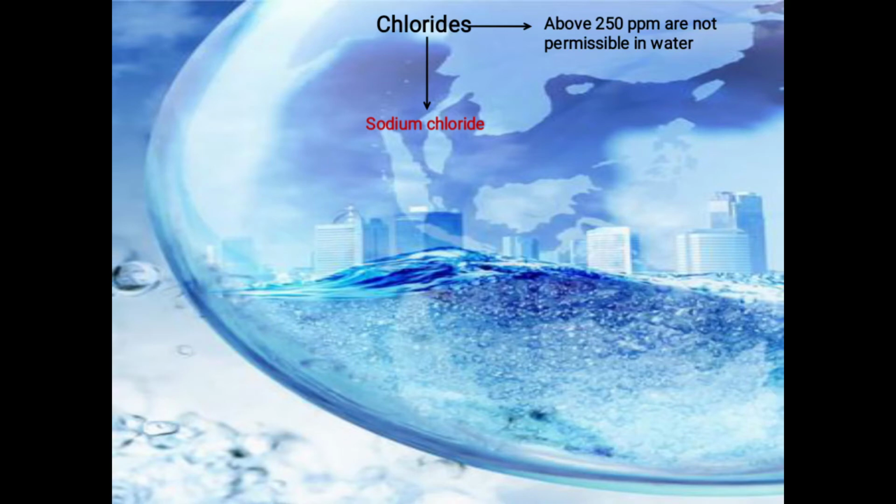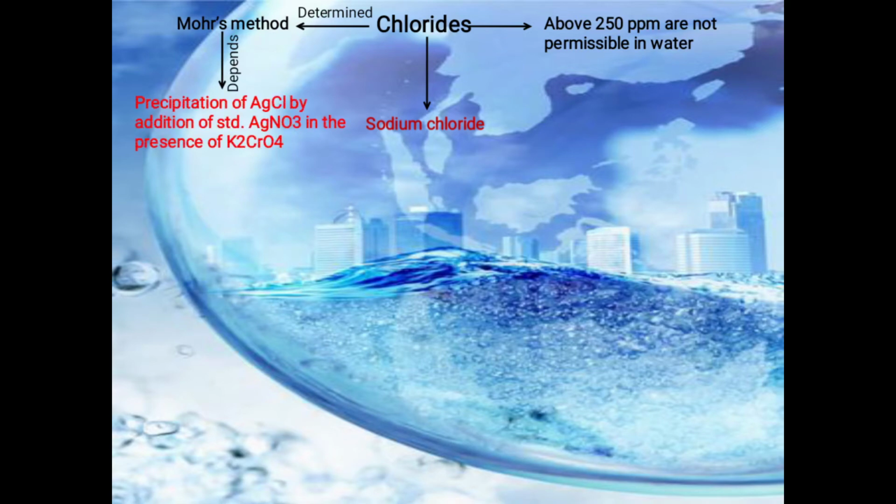The usual method of determining chlorides is the volumetric procedure called Mohr method, and this depends upon the precipitation of silver chloride by the addition of a standard solution of silver nitrate to the sample in the presence of potassium chromate as an indicator.